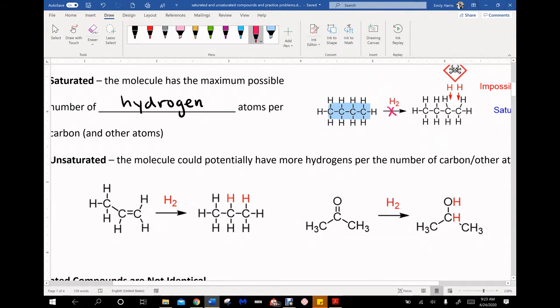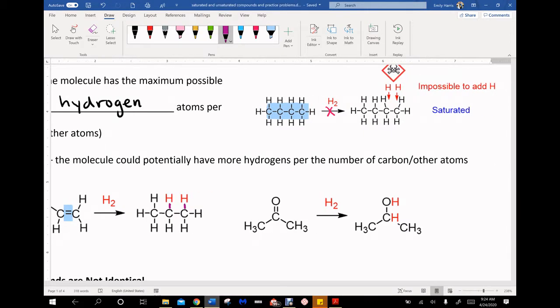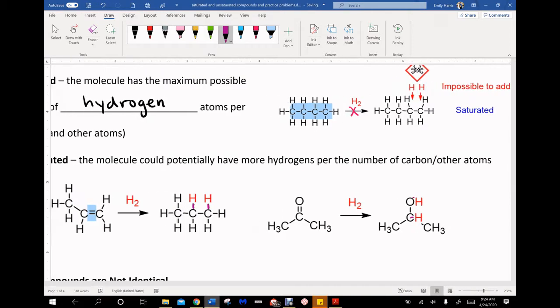We've got propene, and because of this double bond right here, each of those carbons could potentially take on one more bond to hydrogen to give them a full hydrogen bonding set. We also have another molecule here. Because of this double bond to oxygen, this molecule could also take on more hydrogens. One could attach to the carbon and one could bond to the oxygen.